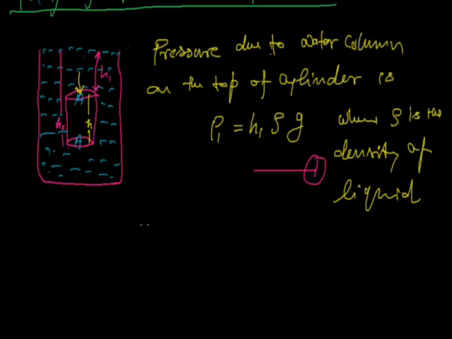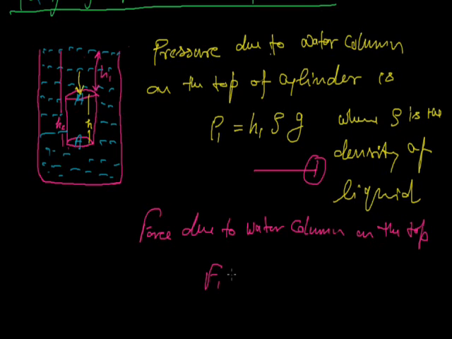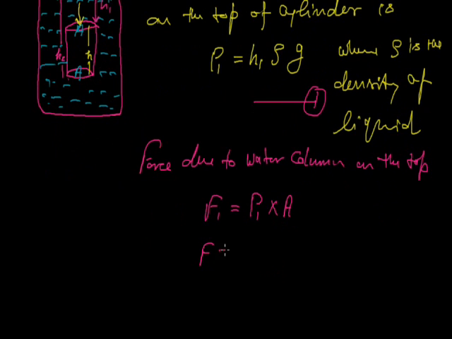So the force due to the water column on the top, F1, is equal to P1 into the cross section of the cylinder, that is F1 equals h1 rho g A. This force is a downward force because the water column is on the top.